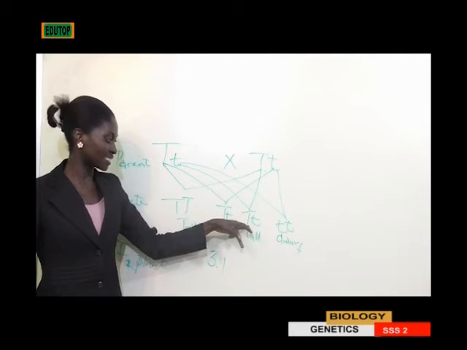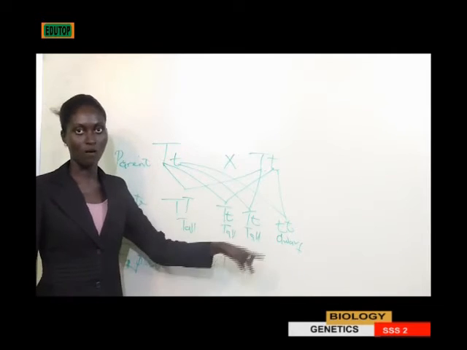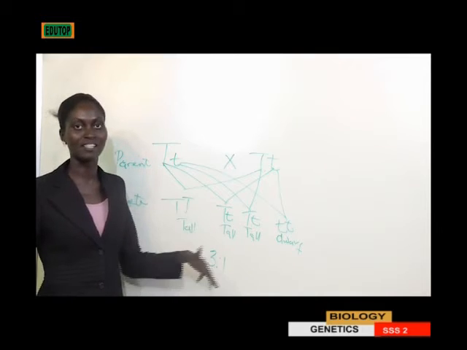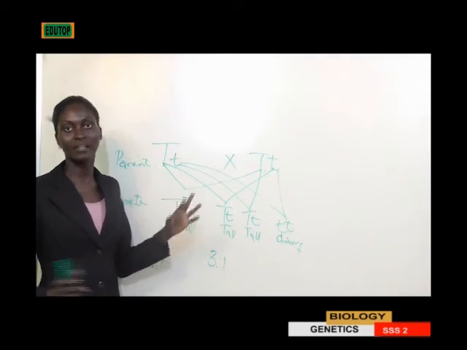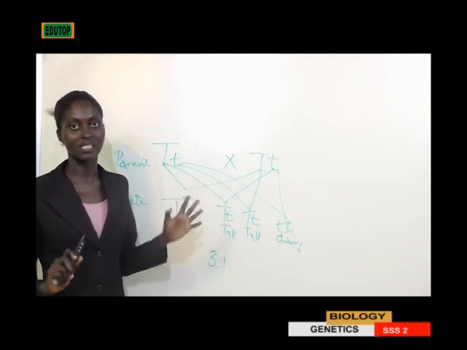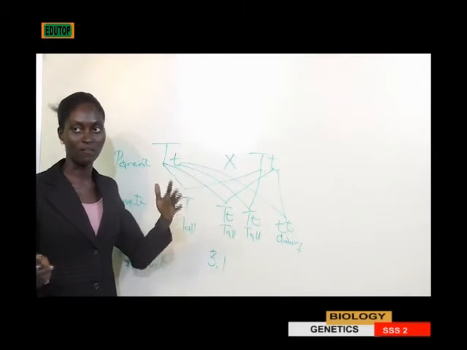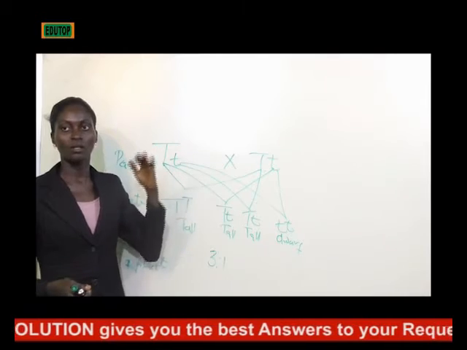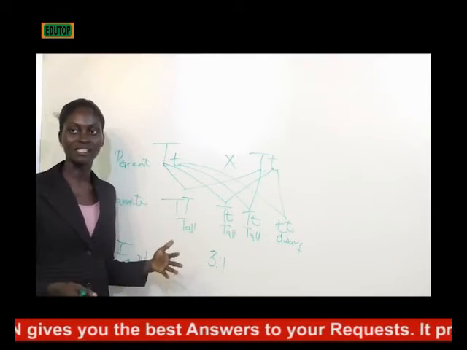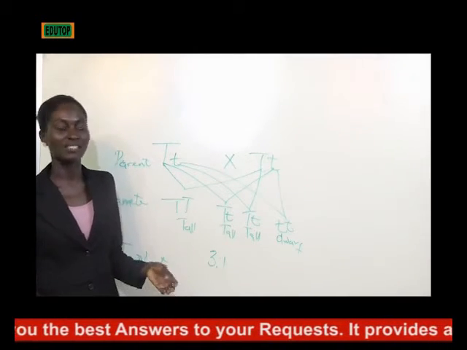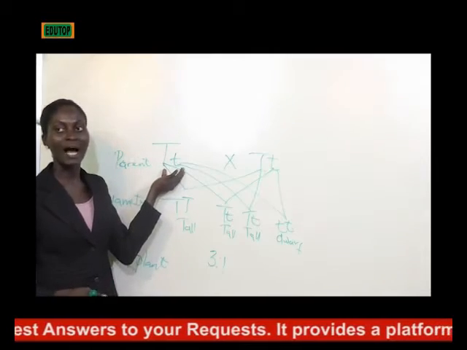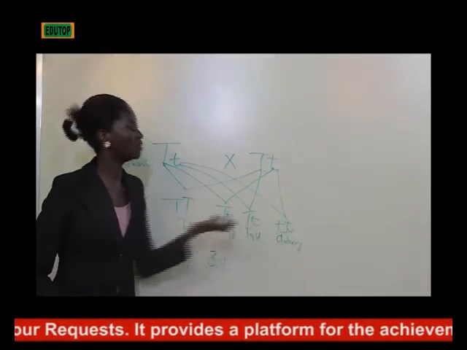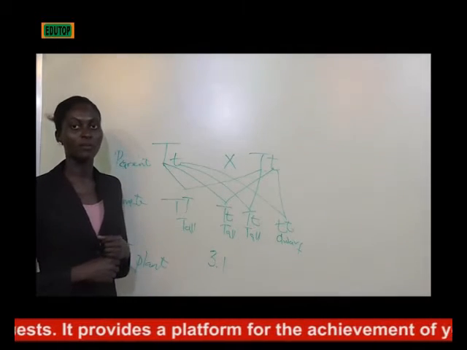So capital T, tallness, is dominant over dwarfness. The tallness overshadowed the dwarfness in the first generation, and that was why when you cross the tall and the dwarf plant, there was no dwarf plant. So the tallness was said to be dominant, while the dwarfness is said to be recessive, and these two are called allelomorphic pairs.